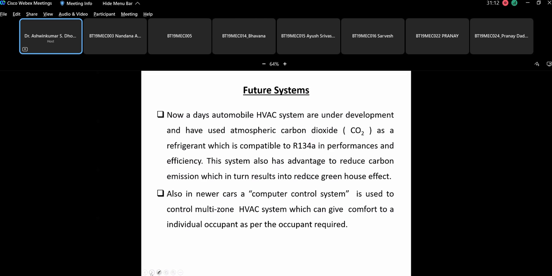Also, newer car computer control systems are used to control multi-zone HVAC systems, which can give comfort to an individual occupant as per the occupant's requirement. That means there is no need to cool the complete vehicle compartment, whereas the system can target the passengers and maintain the temperature in the vicinity of the passenger.